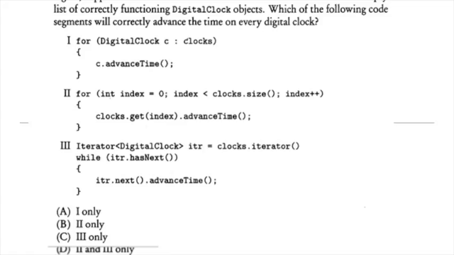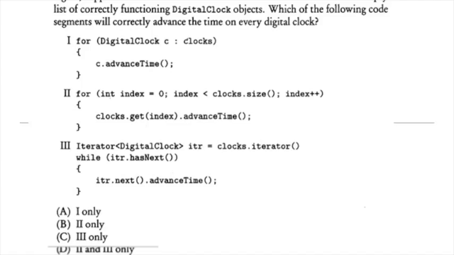For the second implementation, this is more careful, and you have to calculate the index by yourself. But again, since it started with index 0 and it stopped with index clocks.size, every time it increased once. So within the for loop, we use clocks.get(index) to get the exact reference of the object of this array list in that specific index, and for that object we call advanceTime.